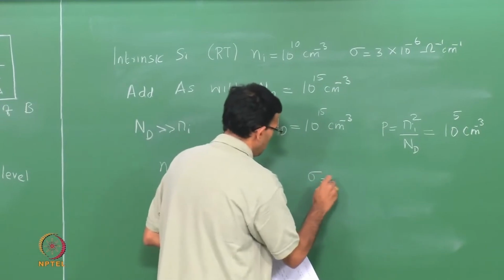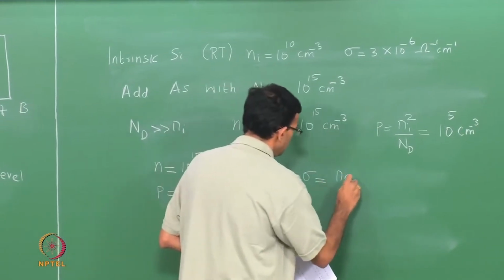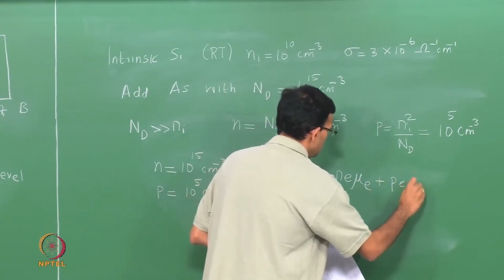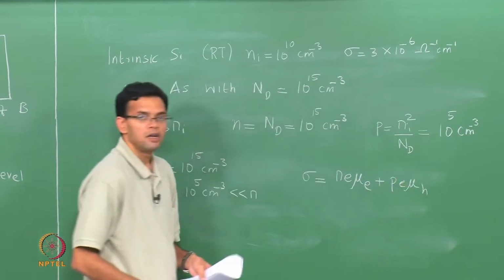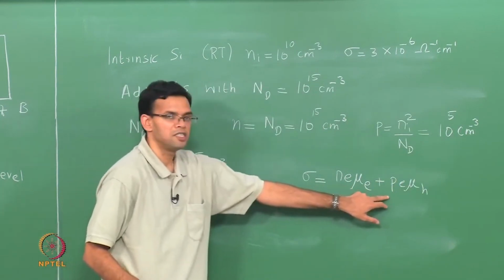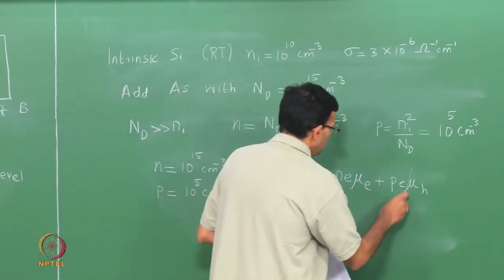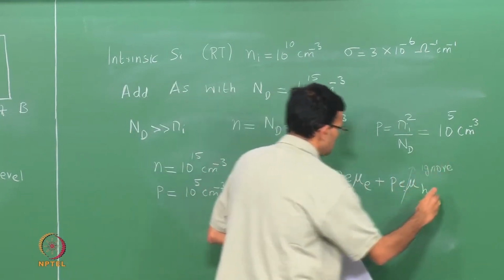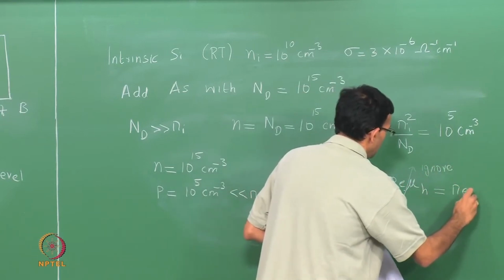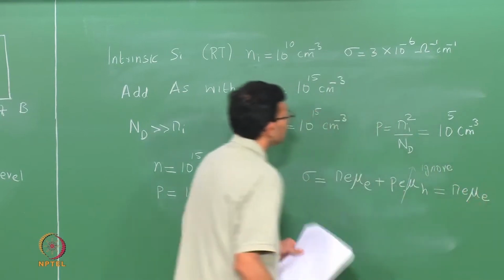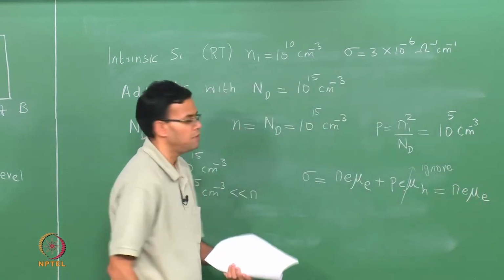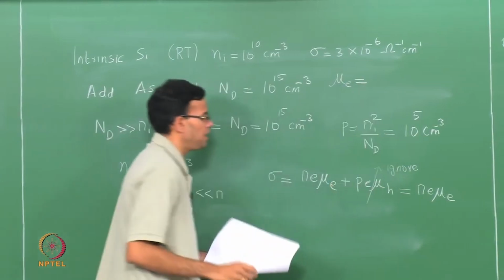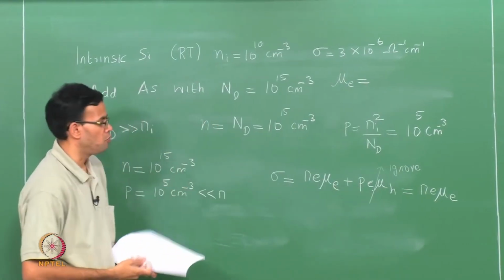Now, the equation for conductivity, you have seen this earlier, is N e mu E plus P e mu H. Now, N is so much larger than P, we can ignore this term and just write it as N e mu E. Mu E is the mobility for silicon. Later we will look at the effect of dopant concentration on mobility.